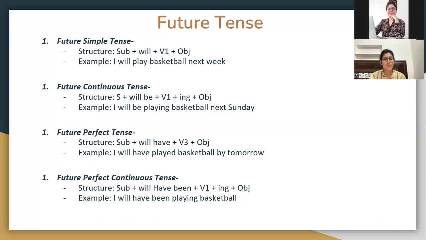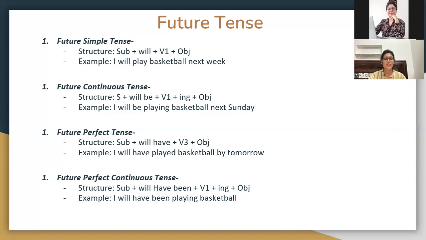Future perfect tense. We use future perfect tense when any work started in the future will have ended in the future. The structure is subject plus will have, the helping verb is will have, plus third form of main verb plus object.